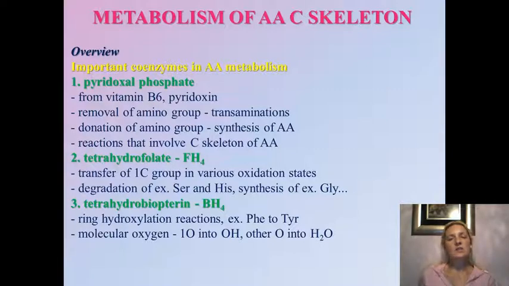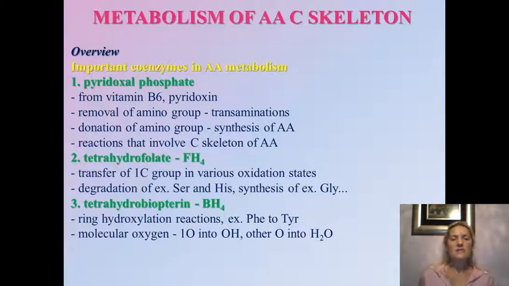Also, it can be used for donation of amino groups during amino acid synthesis, and definitely this coenzyme is involved, and you will see that in the upcoming minutes, in certain reactions that involve the carbon skeleton of amino acids.